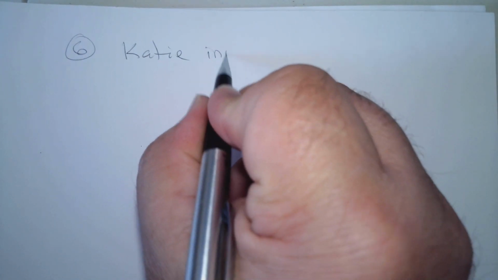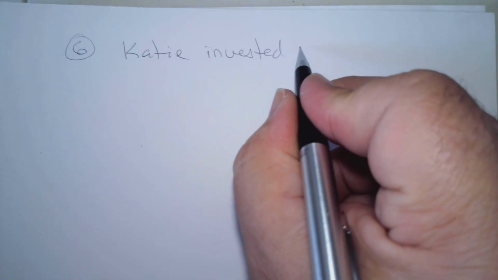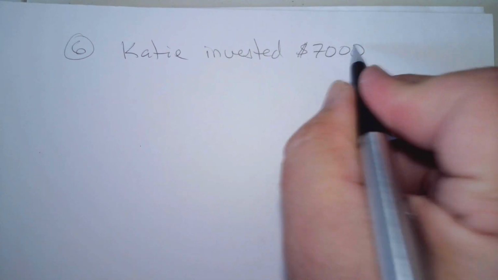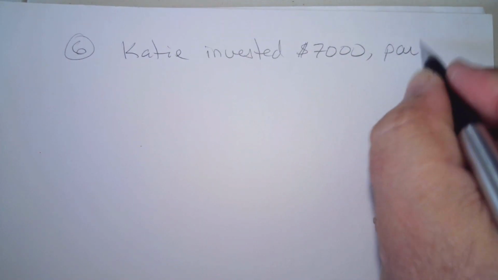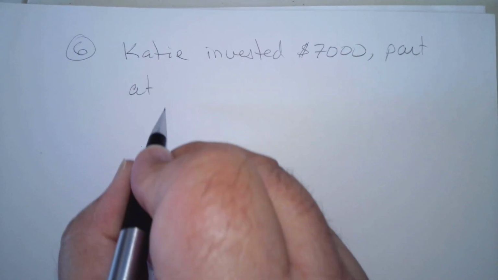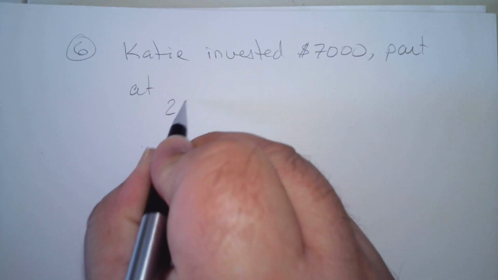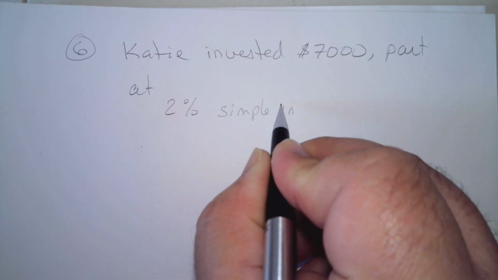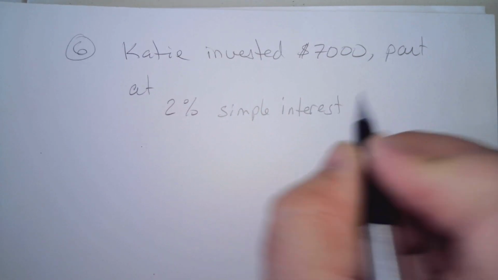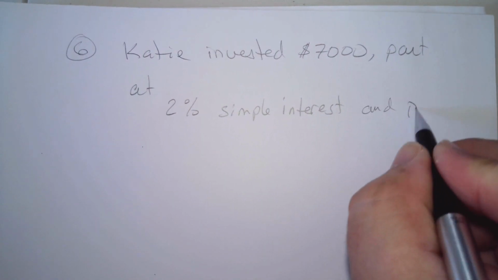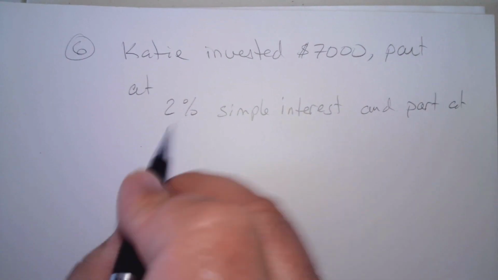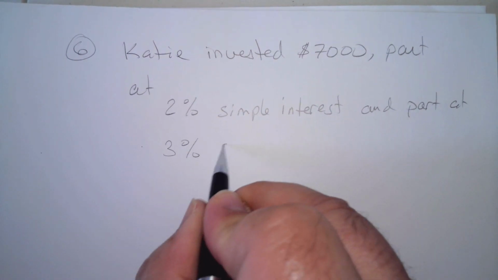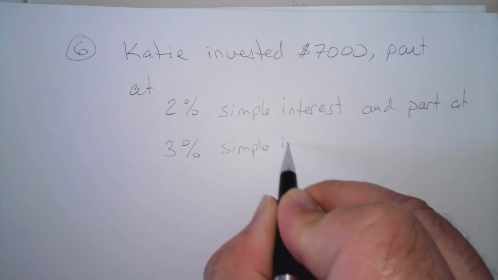Question 6. Katie invested $7,000, part at 2% simple interest, and part at 3% simple interest.